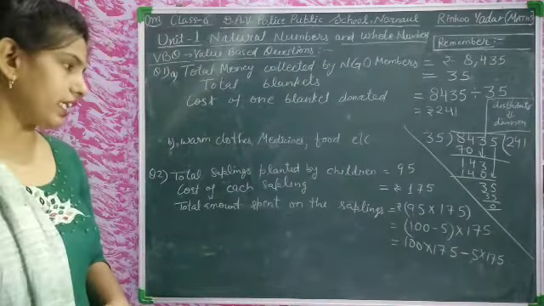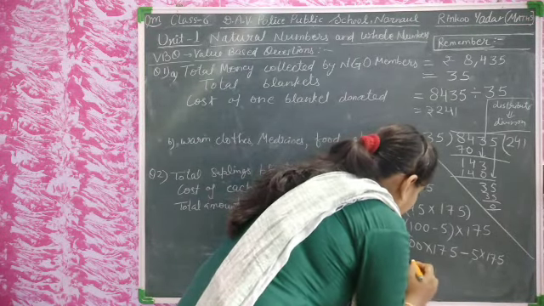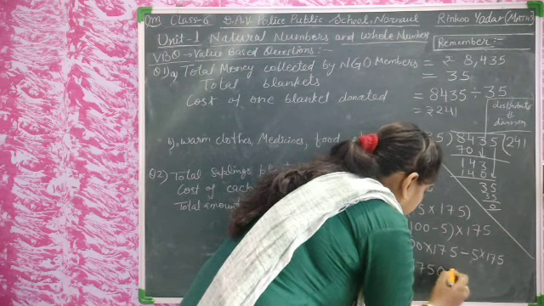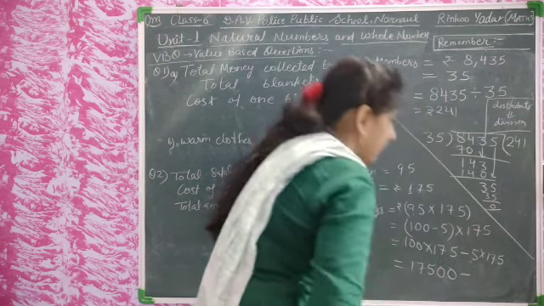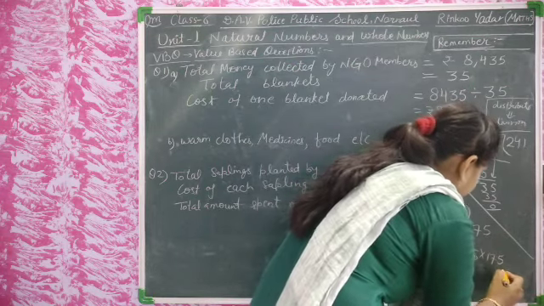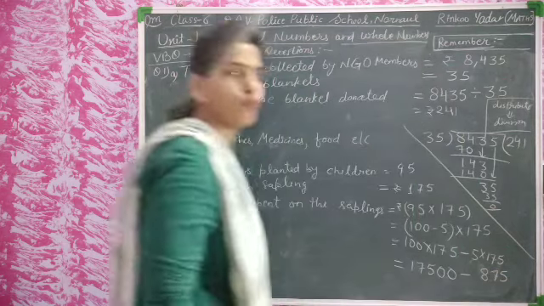Okay students, let's see what comes here. 175 multiplied by 100 means two zeros are added. Now multiply 175 by 5, that is 875.